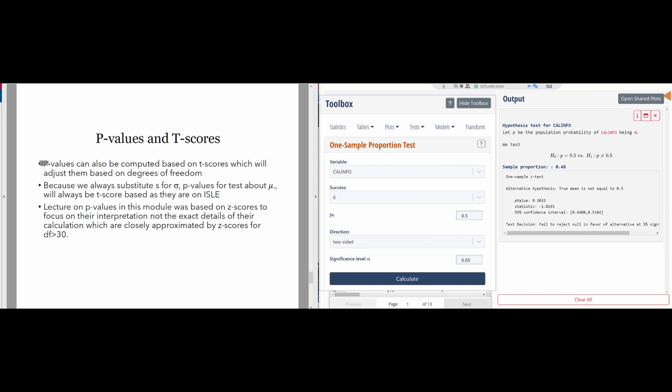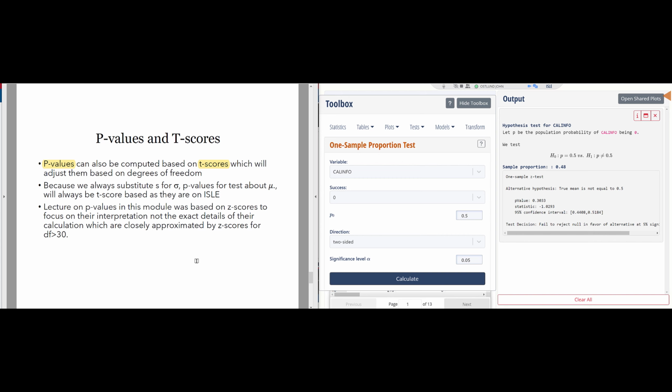Okay, now throughout this material we've been computing p-values based on z-scores, but really we ought to have been using t-scores for the mean-related, for the non-proportion data.